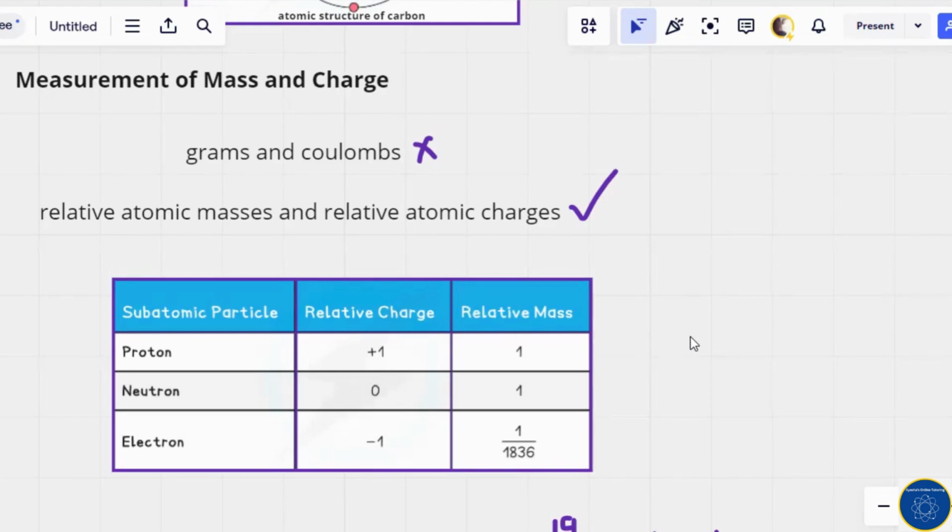But from the exam point of view, you must remember that the relative mass of an electron is almost negligible.